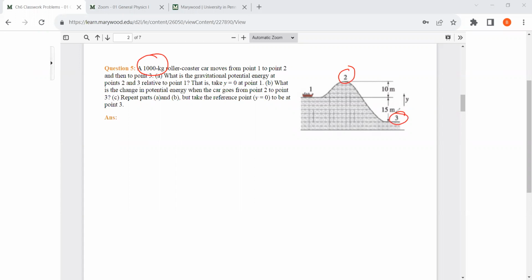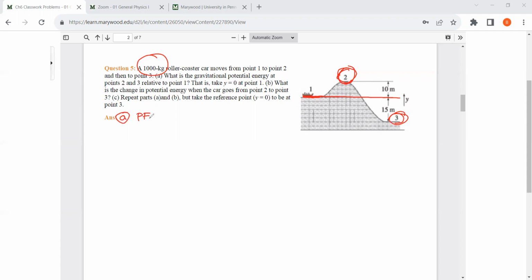For part A, it says calculate the absolute potential energy at positions 2 and 3, and use this line as the reference line. So let's try to calculate A.